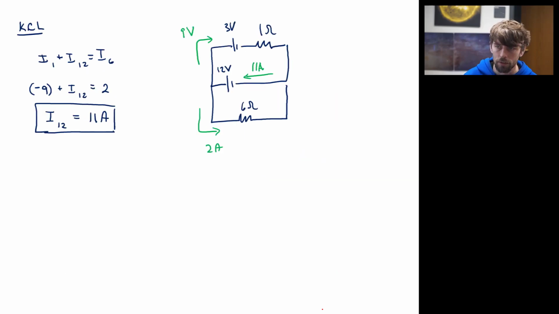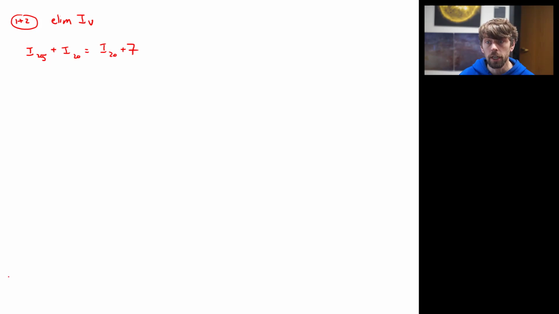Let me just write that down. Equations 1 and 2 sub together to eliminate IV. You say, oh, goody. The I20s cancel out. That guy goes away, that guy goes away. And so what I'm left with is that I25, well, I guess we already knew this, must be 7 amps.